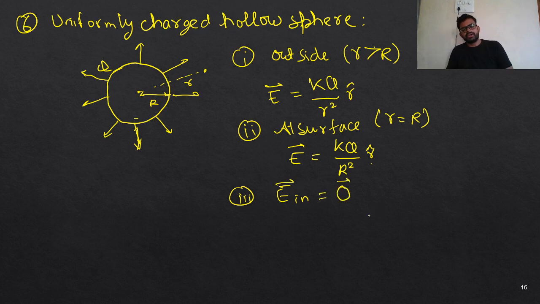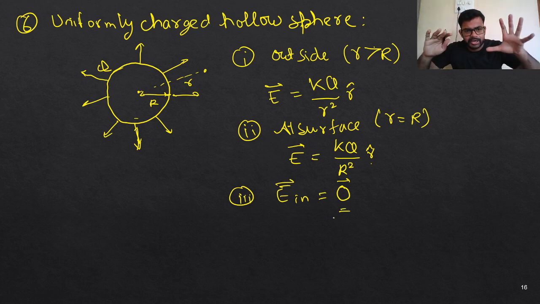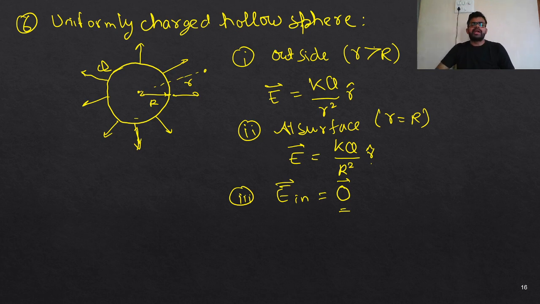Electric field intensity at any point inside the shell will be 0, because at any point from all the directions, the electric field will cancel each other and it will become 0. So remember, at any point outside a hollow sphere, the hollow sphere will act as a point charge.